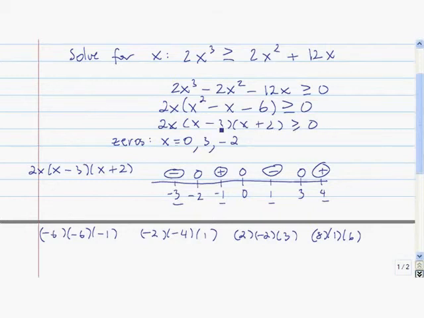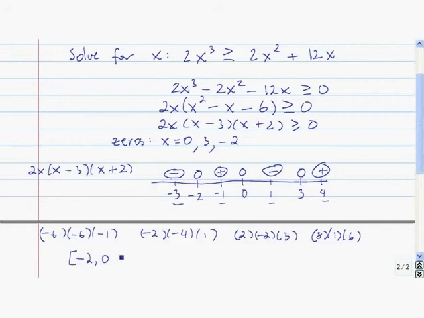We want to find out where this is greater than or equal to 0. Greater than 0 means positive, so we want to find out where this is either positive or equal to 0. We see that at negative 2 it's 0, then it's positive, then it's 0. So from negative 2 to 0, we have solutions to the inequality.